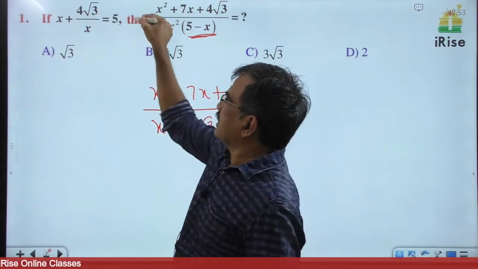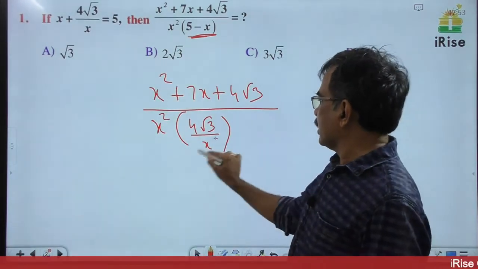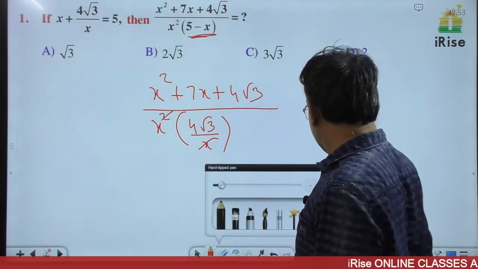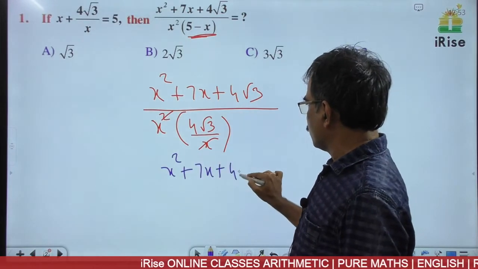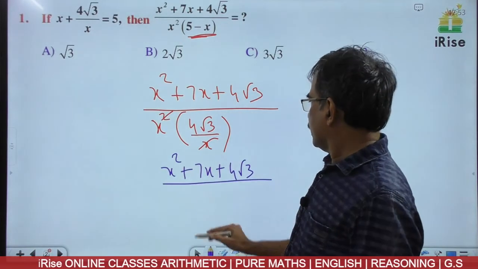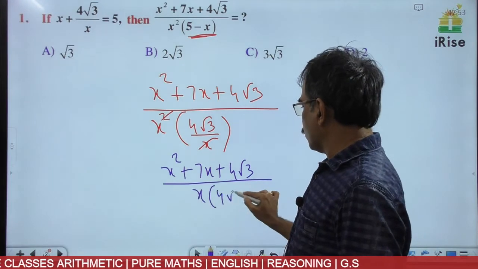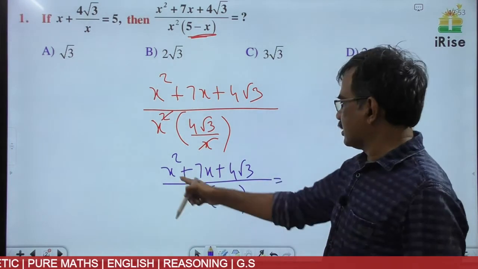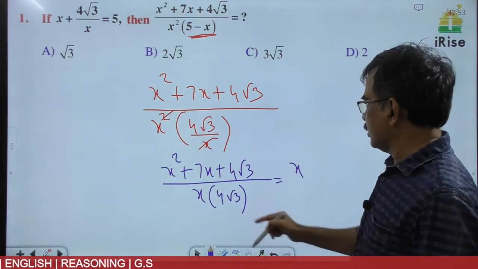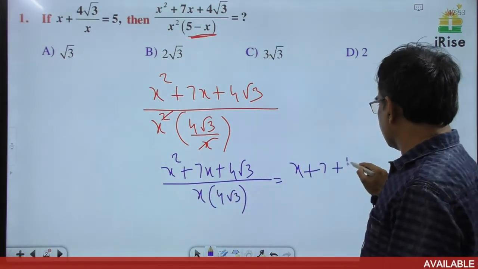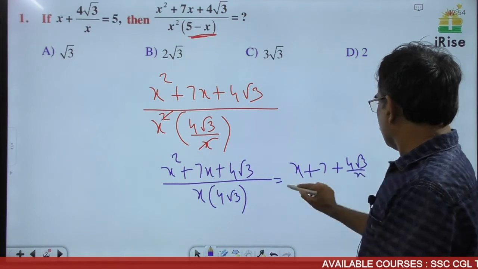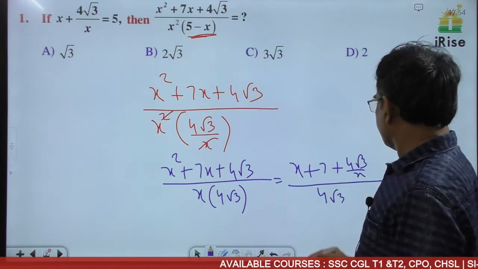So 5 minus x is equal to 4 root 3 by x. Here x cancels. Therefore this can be written as x square plus 7x plus 4 root 3 by x, divided by 4 root 3. Again divide by x: x square by x is x, 7x by x is 7, 4 root 3 by x write as it is, by 4 root 3.